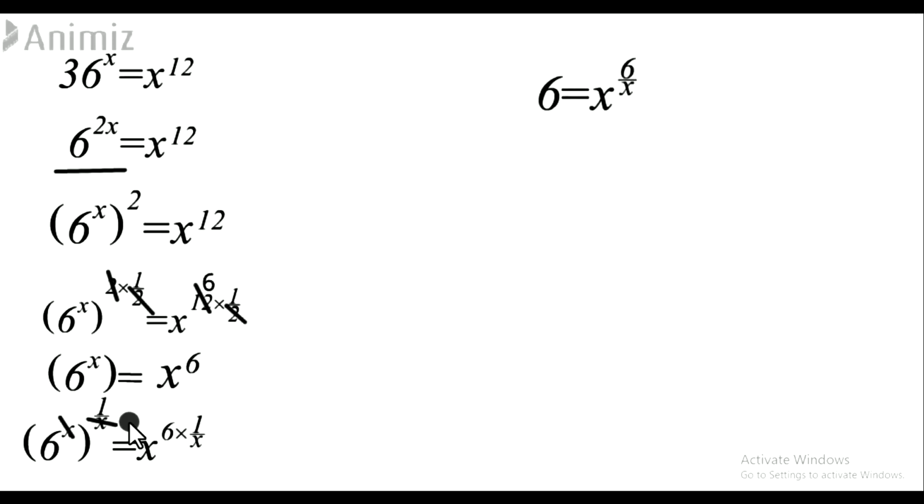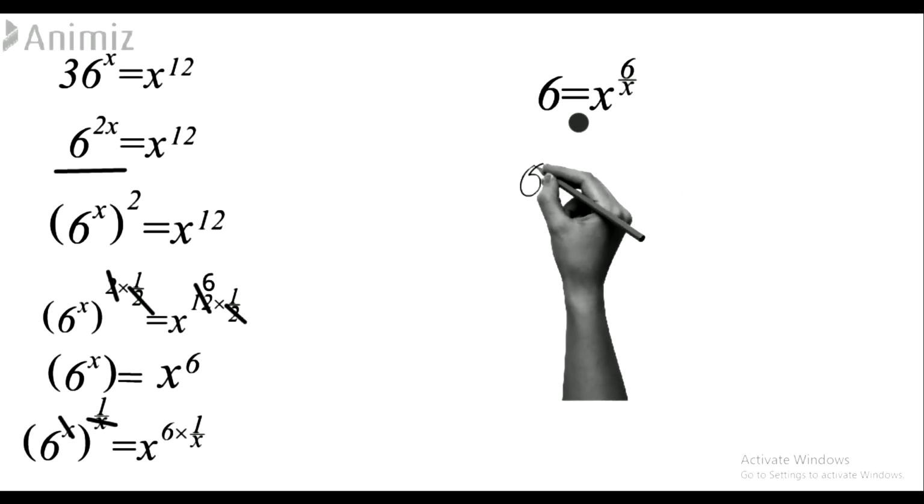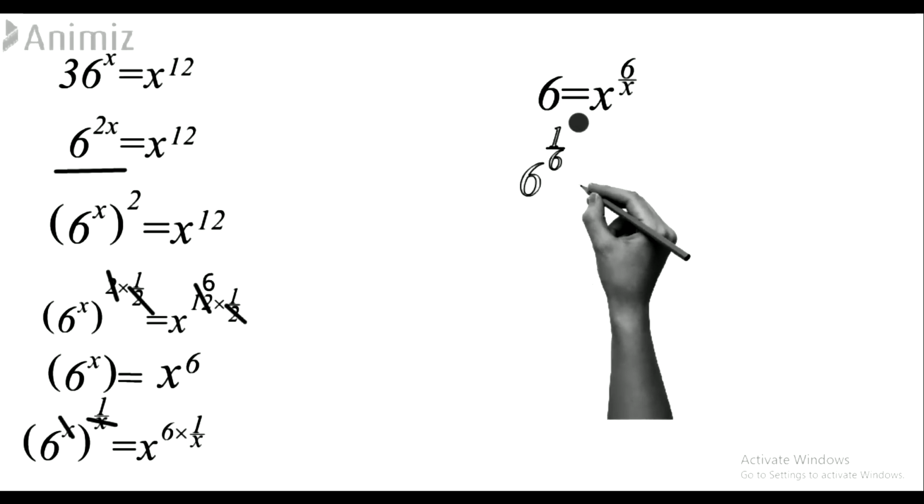Okay, so now we have the x on one side. How do we get rid of that 6 so that we can move it to the left hand side? So we do the same thing. We take the 6th root on both hand sides. So taking the 6th root on both hand sides, we are getting 6 exponent 1 on 6, and we are getting what again?